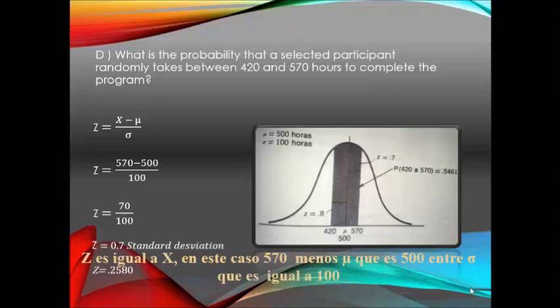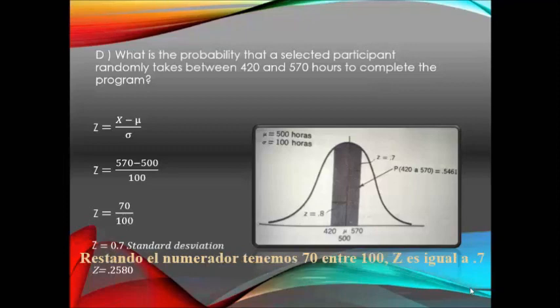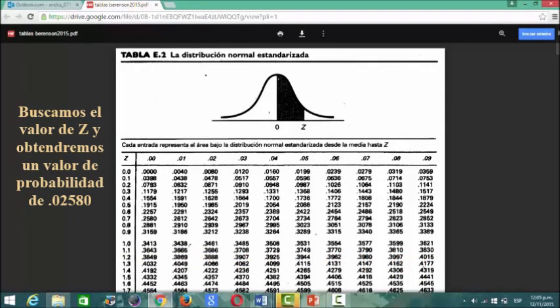Z is equal to X, in this case 570, less mu, that is 500, divided by sigma, which is 100. In the numerator, we have 70 divided by 100, so Z is equal to 0.7. We look for the Z value in the table, and we get a probability value of 0.2580.